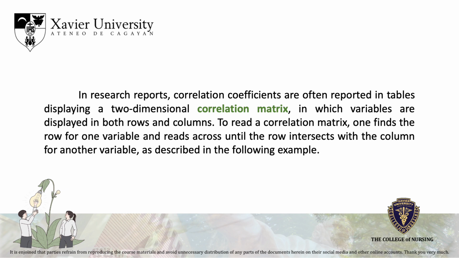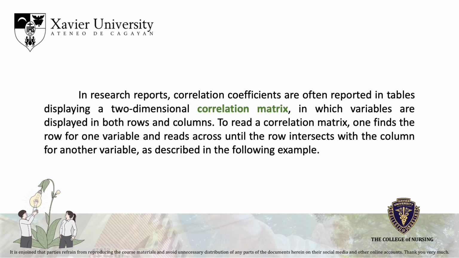In research reports, correlation coefficients are often reported in tables, displaying a two-dimensional correlation matrix. You can observe that as you gather your data and interpret your data in your chapter 4, in which variables are displayed in both rows and columns.